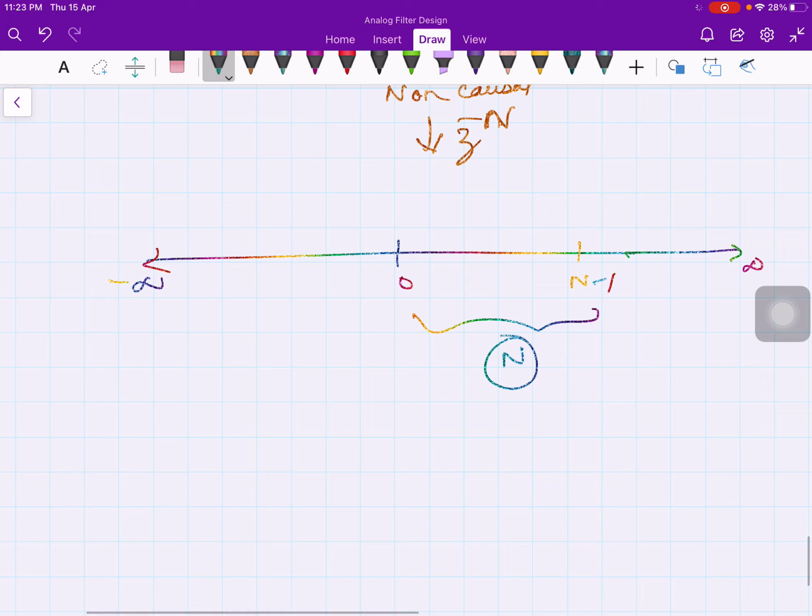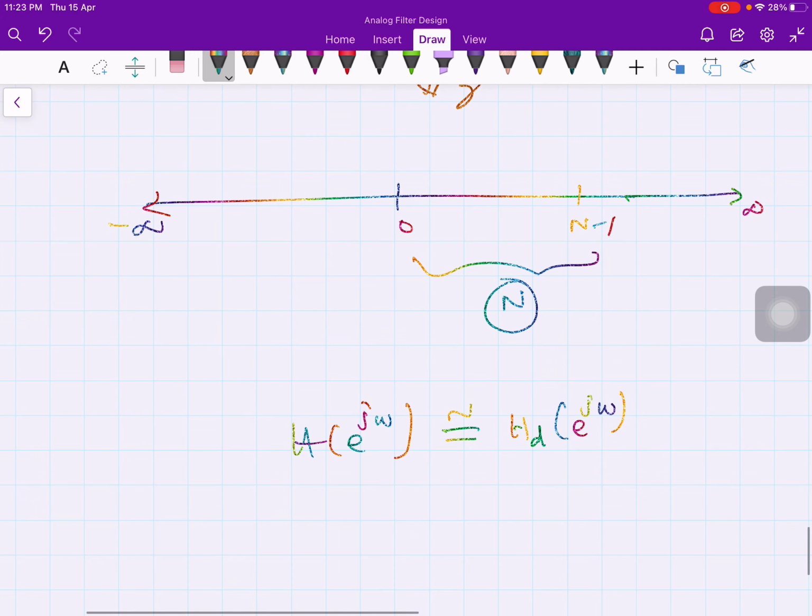That is, what we will do is take H(e^jω), which will be an approximation to the desired frequency response. See, the desired frequency response has a length of infinity.